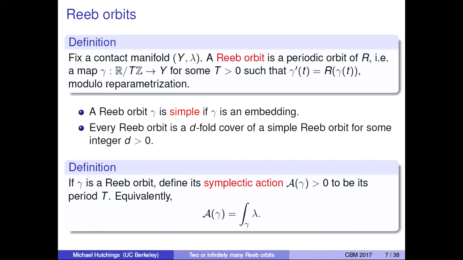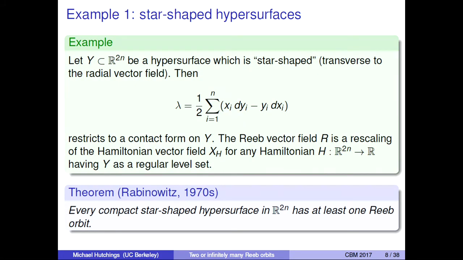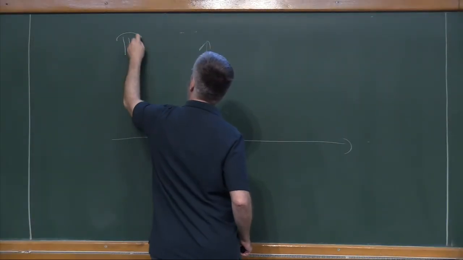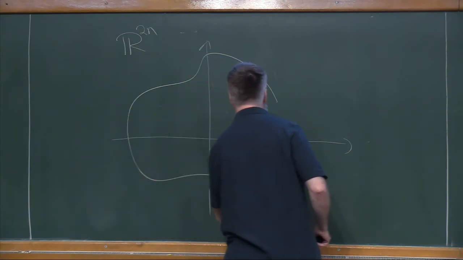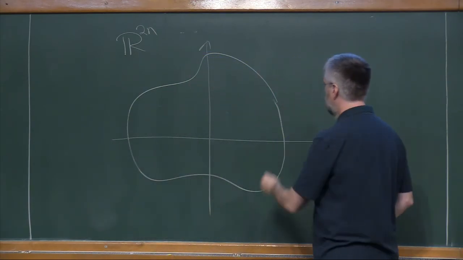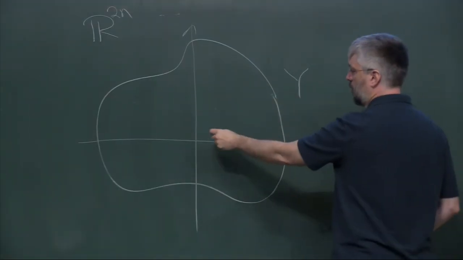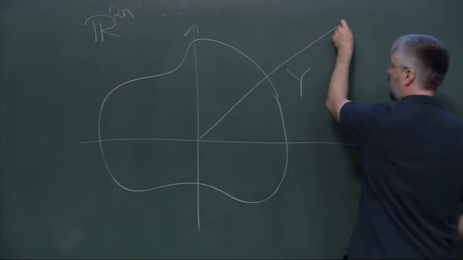And what does this have to do with what we were talking about before? Well, a basic example is, well, not every hypersurface in R^2n, but if you take what's called a star-shaped hypersurface, so if this is R^2n, we take a hypersurface like this, so let's call this Y, which is transverse to rays coming from the origin.